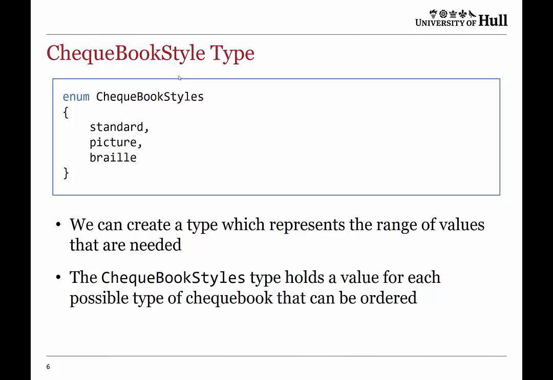But if there's 3 or 4 or 5, use an enum. These things are great. So I've got 3 different ones here: standard checkbook, picture checkbook, and braille checkbook. And these are all stored in a variable type called checkbook styles. So you can regard this as, it's a bit like an int, but it only has 3 values and they've all got names. So it can only be standard, picture, or braille.